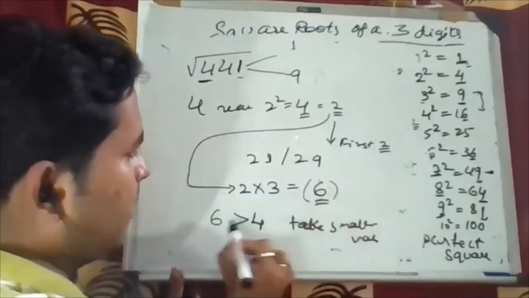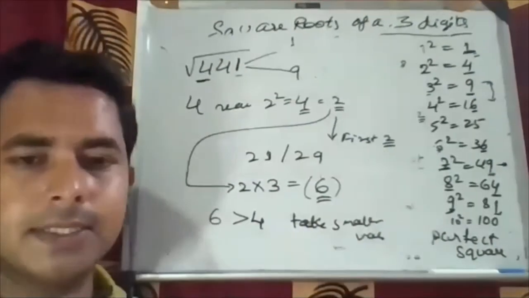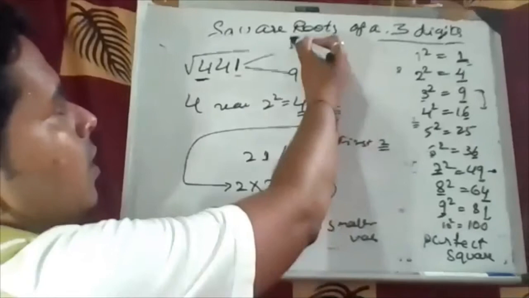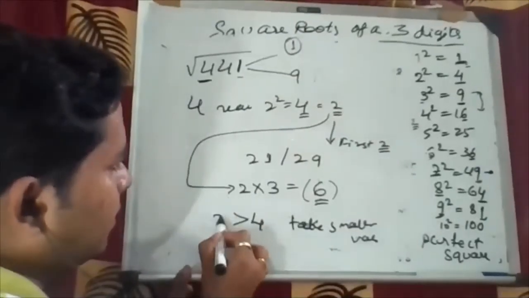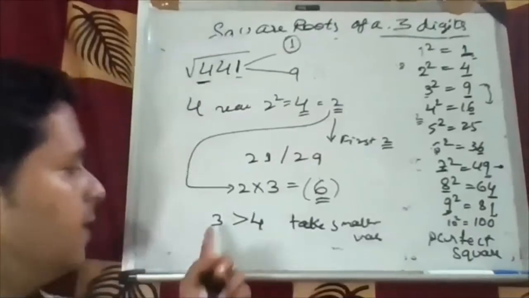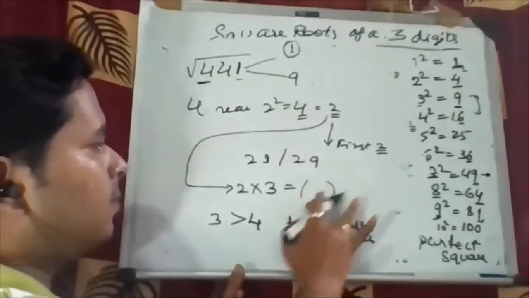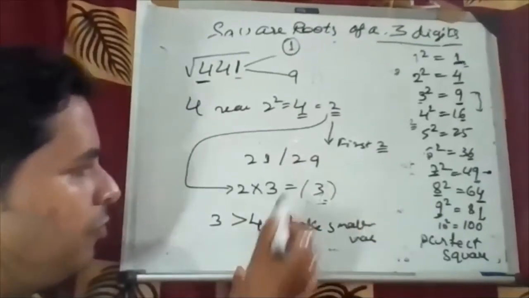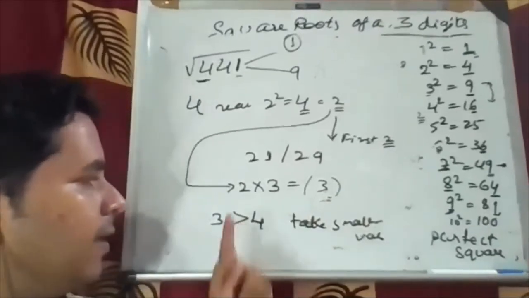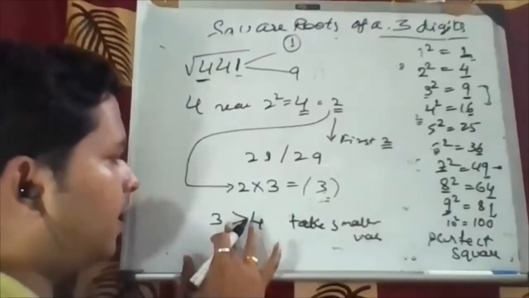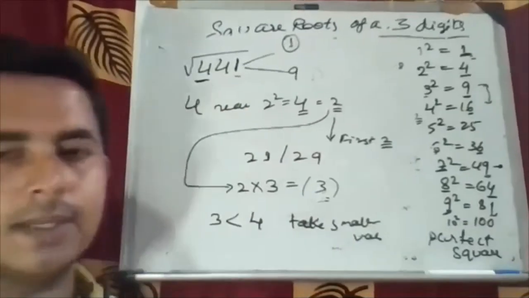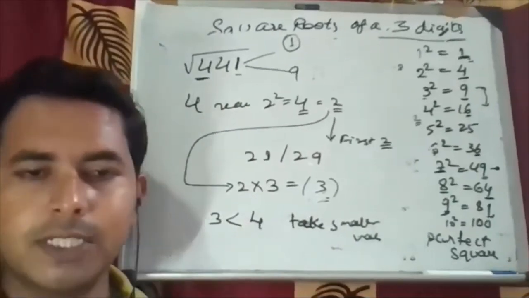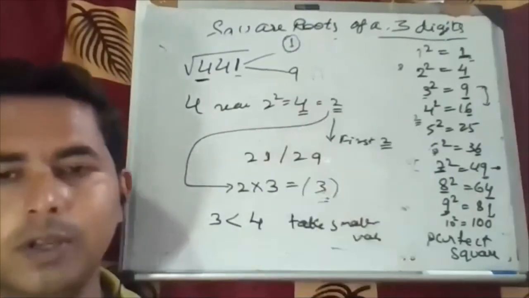6 is more than 4, then you have to consider 1. And if you got like this, like a 3 instead of 6, then if 3 is smaller than the first digit, you should go for 9.